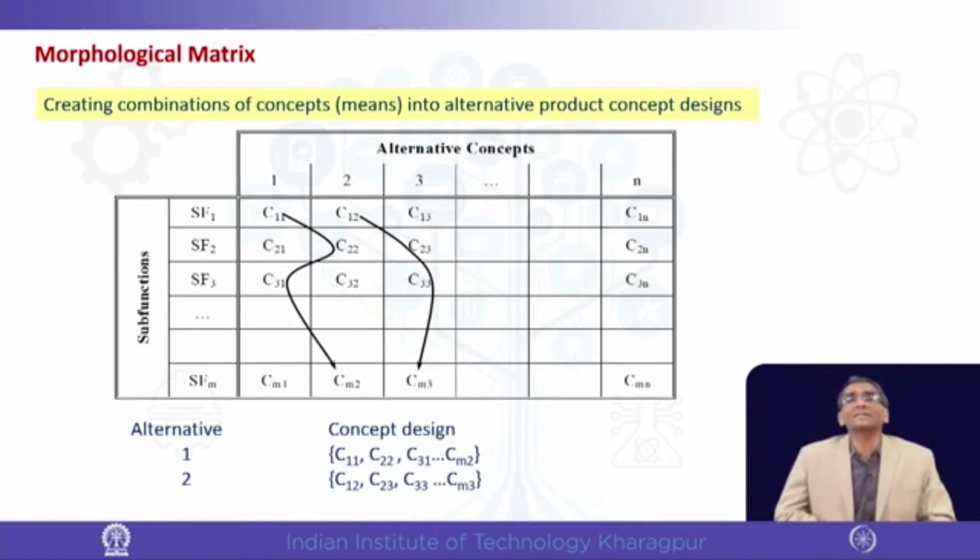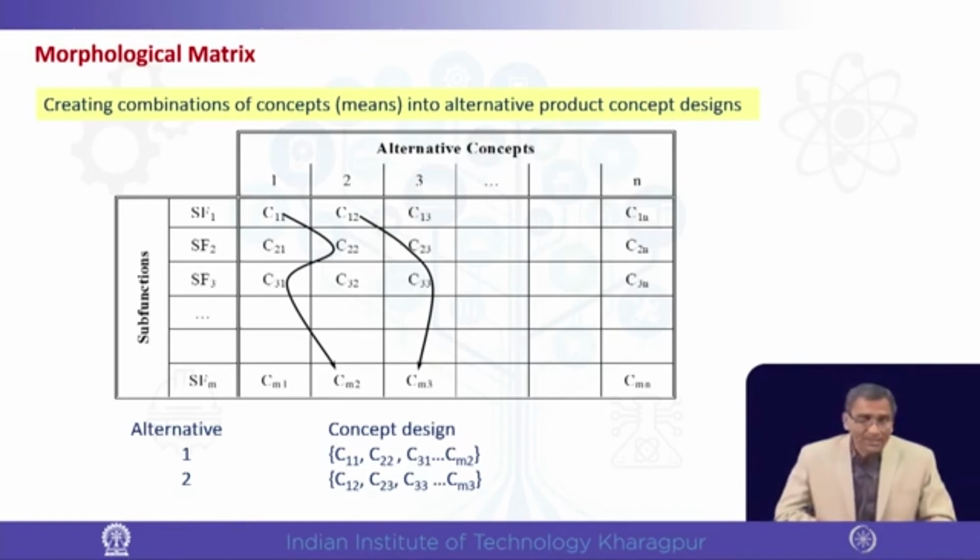So, from the line which is drawn, you can see the first concept alternative is a combination of C11, C22 and then C31, and then, I am not placing all these things in the rows or columns, just to show you, we will deal with an example very soon, and it goes to CM2. So, that is one alternative.